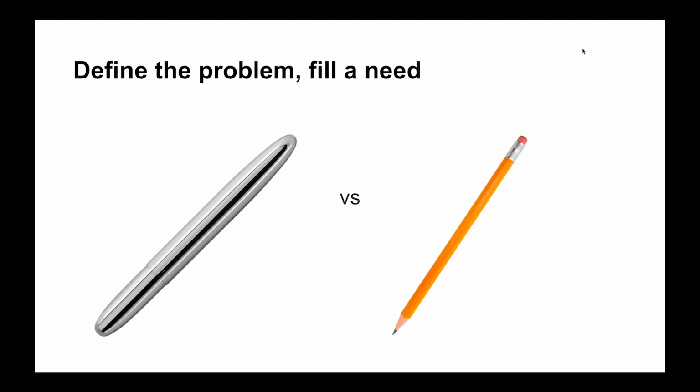I am not an astronaut, but maybe there are issues with graphite dust, wood, eraser bits, and different things from the pencil that would cause issues in 0G. I chose this as an example because the 0G pen is often cited as a waste of money, but in reality it has its purpose, if you look at the problem from all angles, which you really could do if you were actually in space.